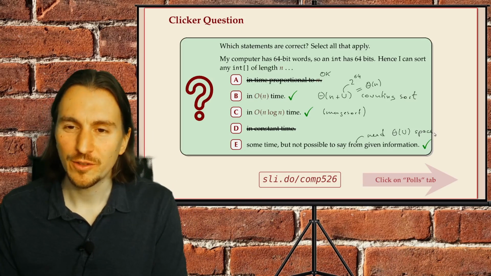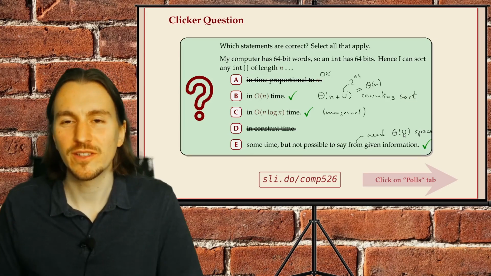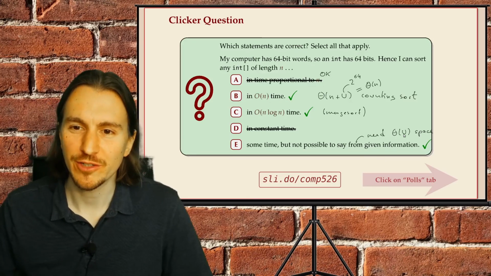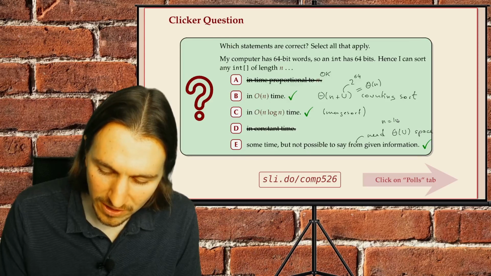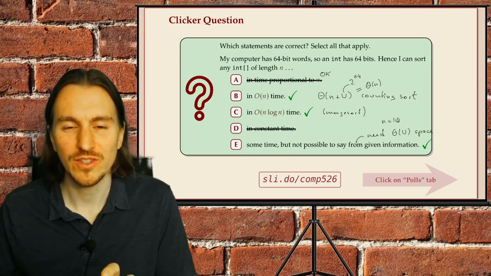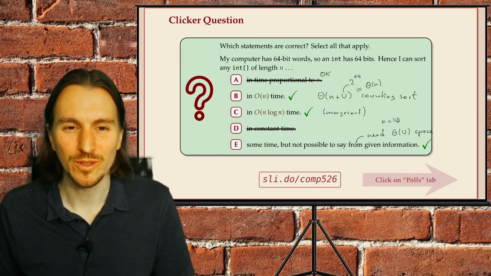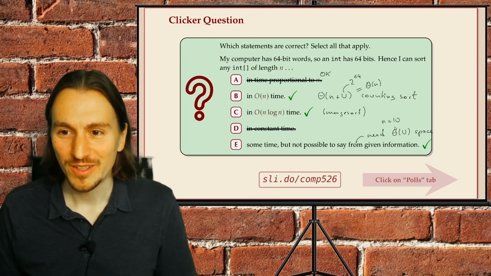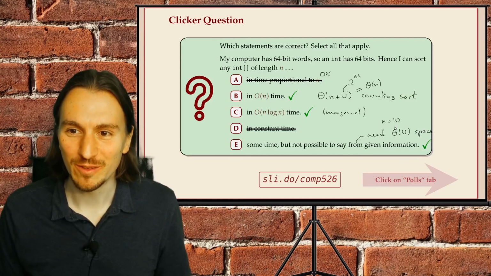And even if we go to radix sort, it's not clear if we can make the space just depend on n. Suppose n is very, very small. Maybe n is just 10, but the numbers are really big, and you just have these 10 cells. It's not clear if you can sort this in time that only depends on n. So all of the answers here have some merit to it.